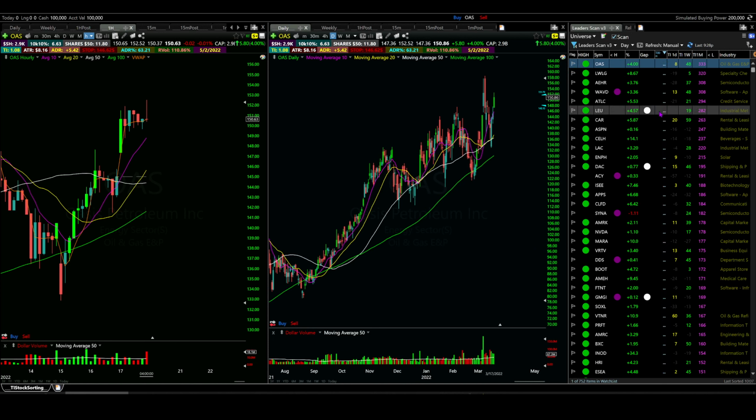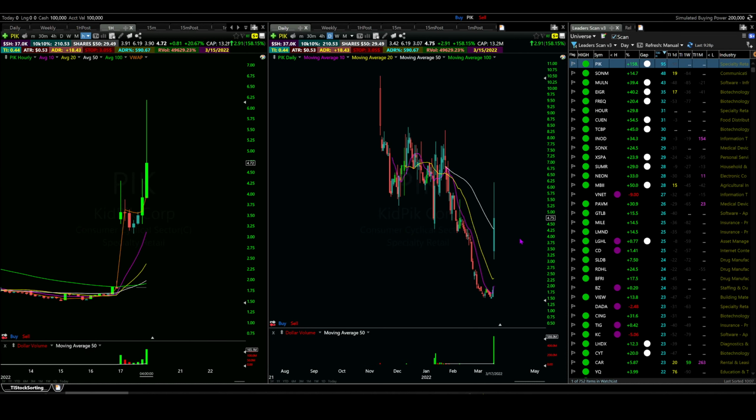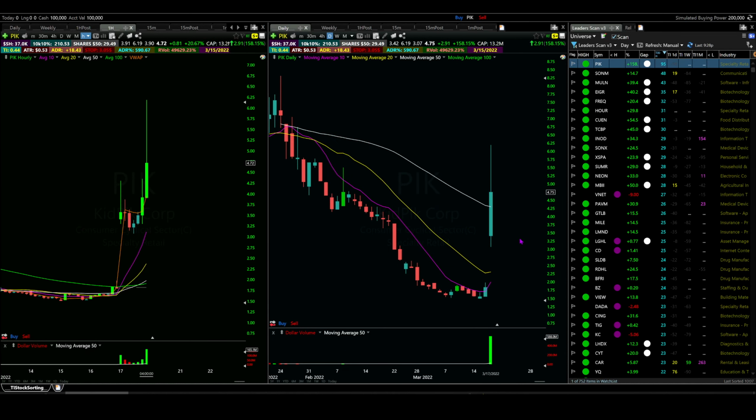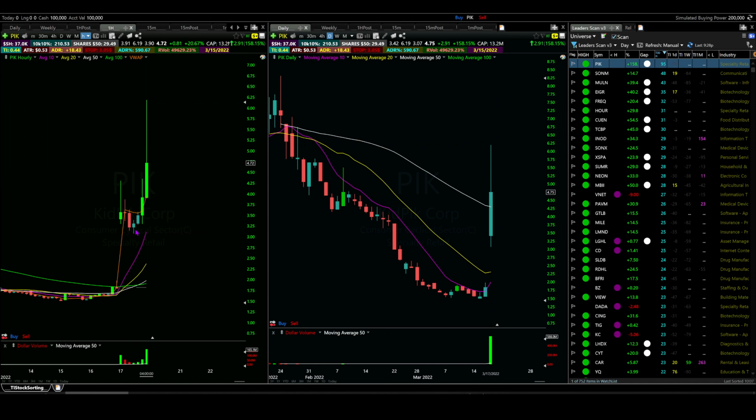In the 30-minute, this is a low time frame trend intensity. The number one name has a really high trend intensity on the hourly chart here, and you can see how high that's moving up. So that's the trend intensity formula.